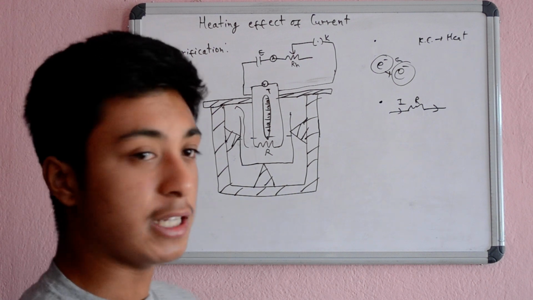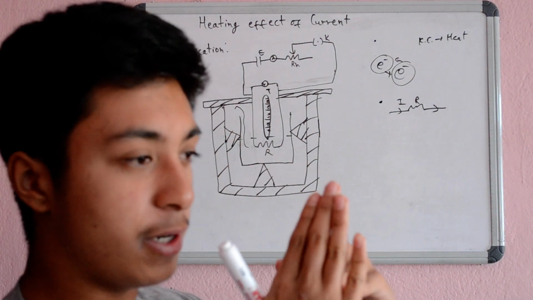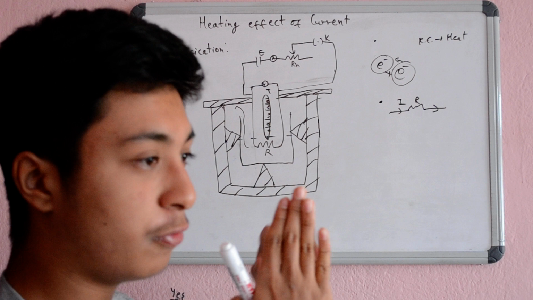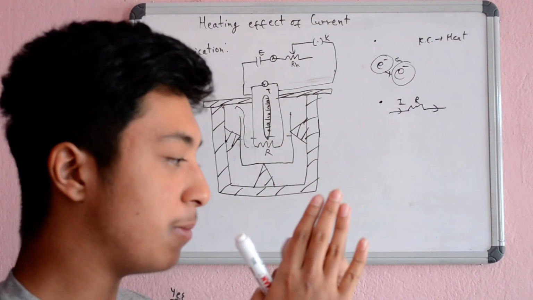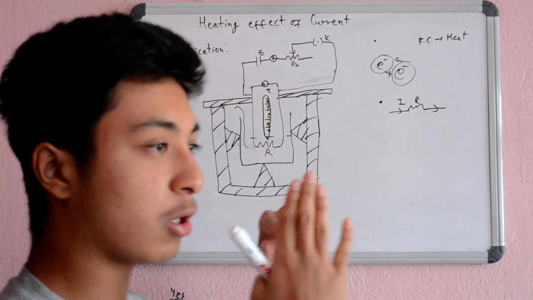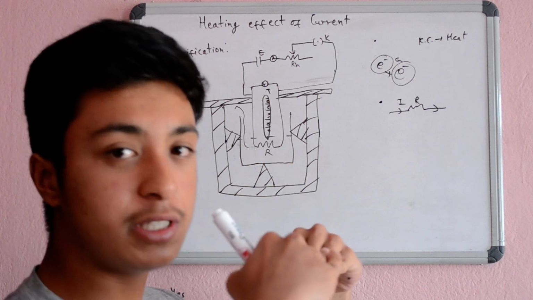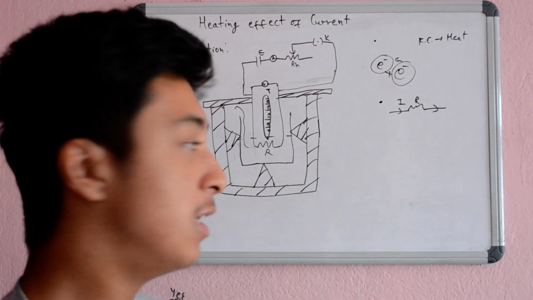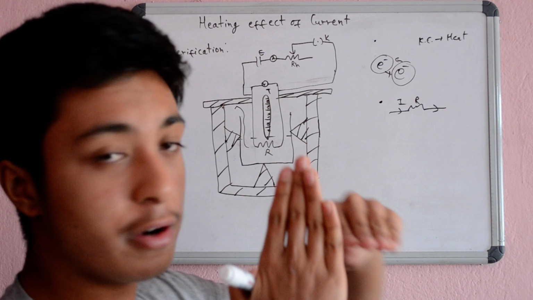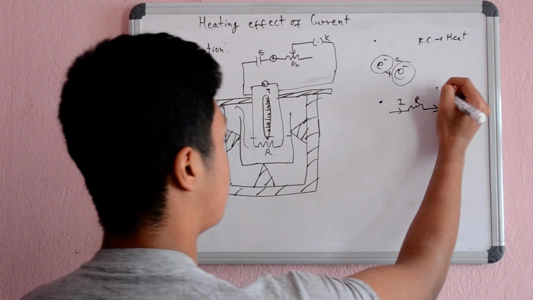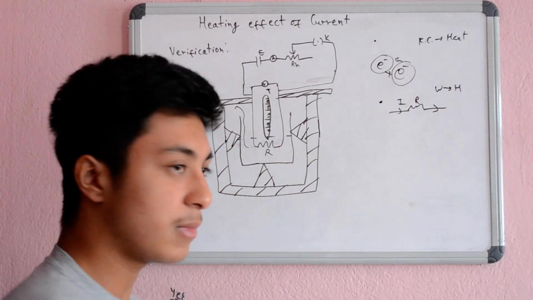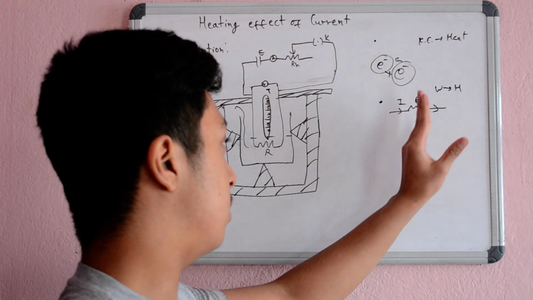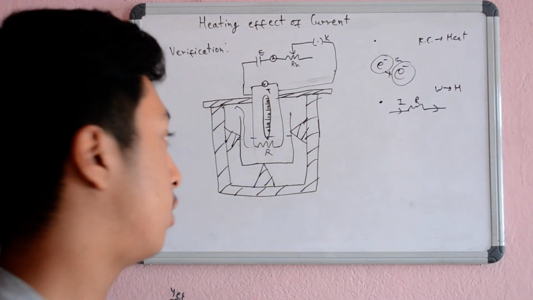That means the resistance opposes the flow of current, and if the current still flows past the resistance, some work must be done to keep the current flowing against the opposing force of the resistance. So the work done to keep the current flowing is converted into the heat of the circuit.